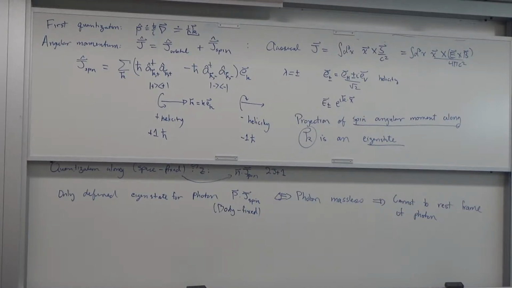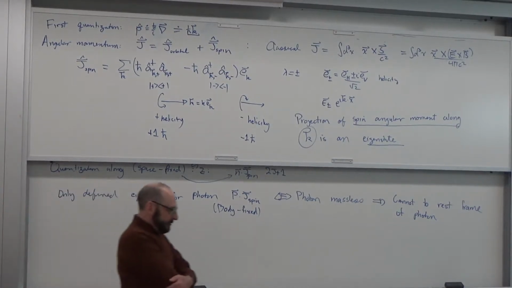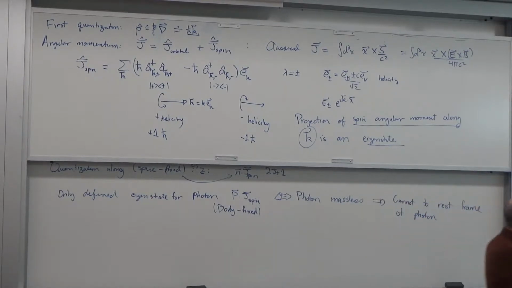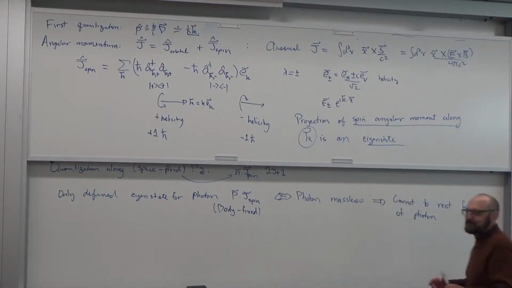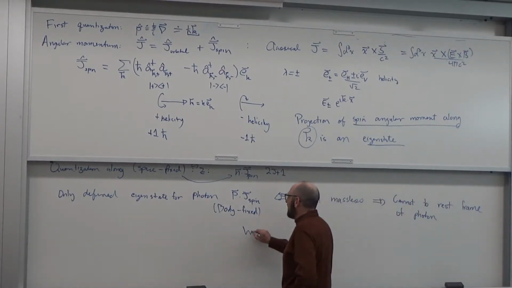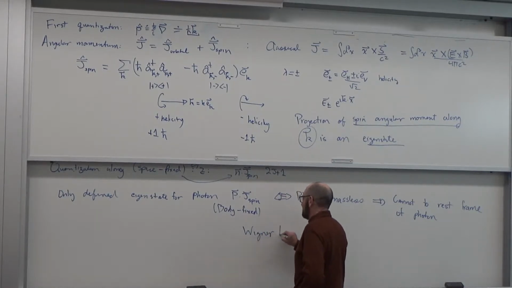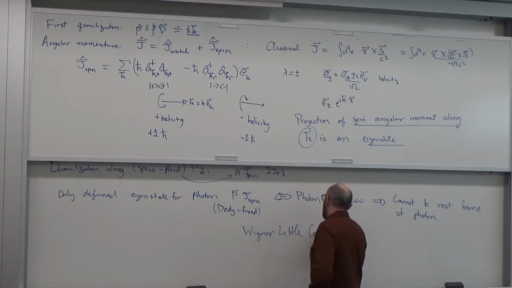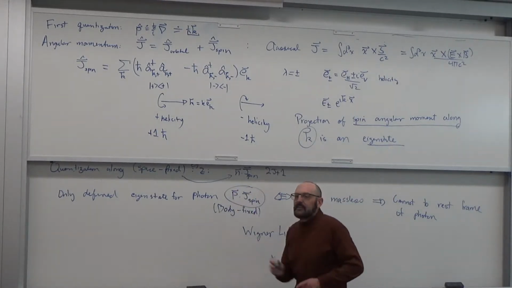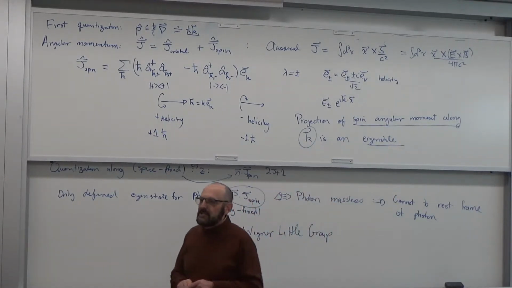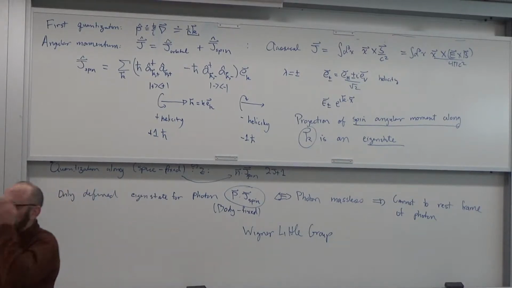Yeah. So, if I think about this as like SU(2) vectors, which one am I looking at? Am I looking at the three-dimensional one? No, we're looking at something else, which is called the Wigner little group. That's a more complicated story. There's a different rotation group, which is known as the Wigner little group.